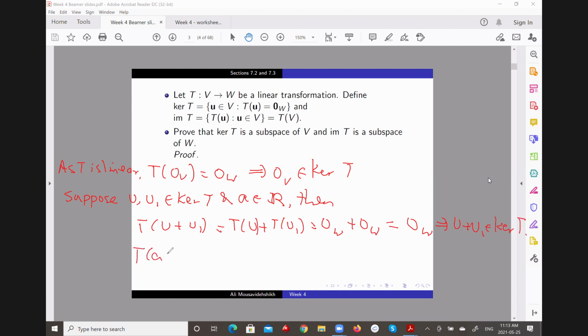Similarly, T of AU is A times T of U, which is A times the zero vector in W. This again gives you the zero vector in W, which implies that AU is in the kernel, completing the proof.